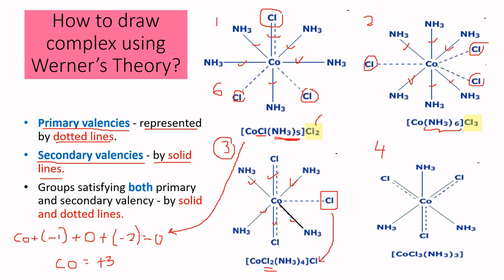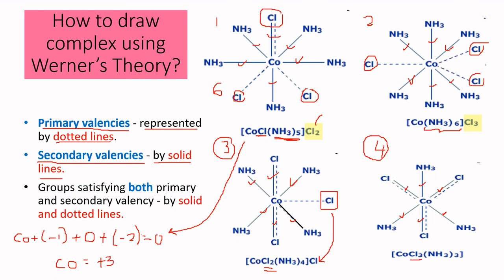How to calculate the oxidation state is the same as example number 1. In another example, example number 4, if you look at this complex, you can see that the coordination number is still 6. So we count 1, 2, 3, 4, 5, 6. But the difference is all 3 chloride ions here satisfy both primary and secondary valency.